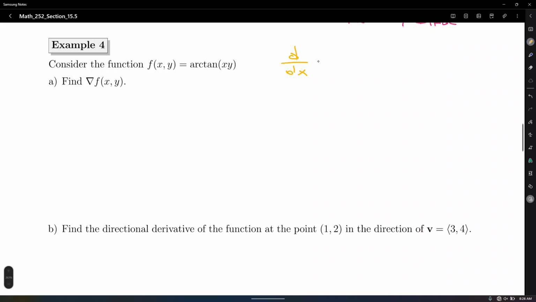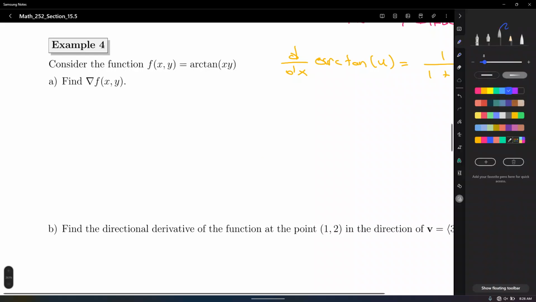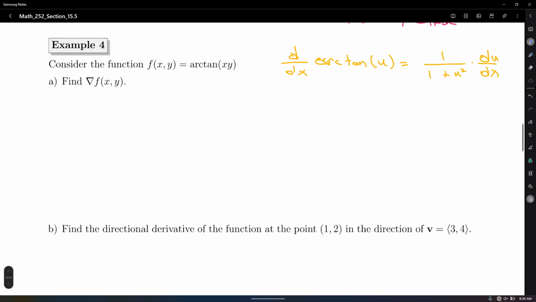That is arctan of u, in a more generalized way, that is 1 over 1 plus u squared times the derivative of u with respect to x, or with respect to y if we were differentiating with respect to y, depending on the variable. But the rule is still going to be exactly the same. All right, so let's find the partials. That is the partial with respect to x.